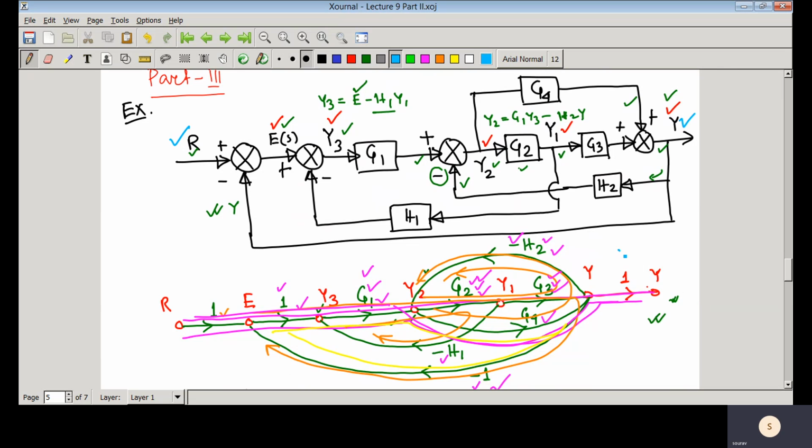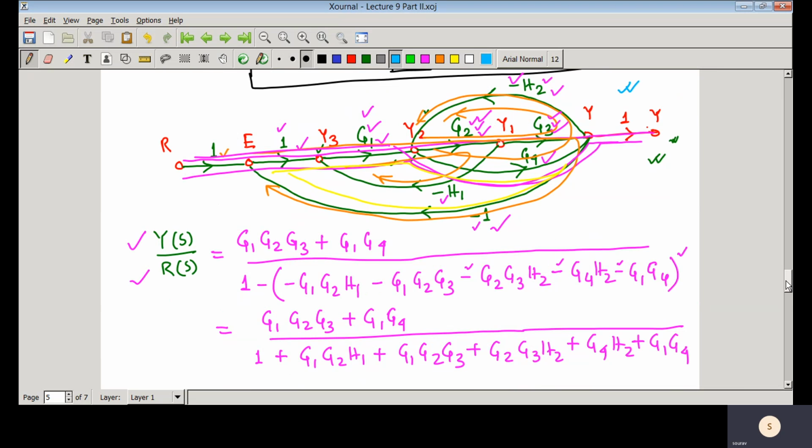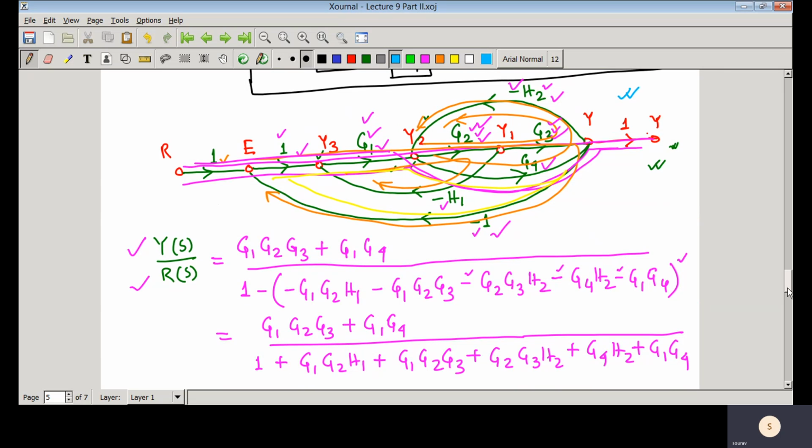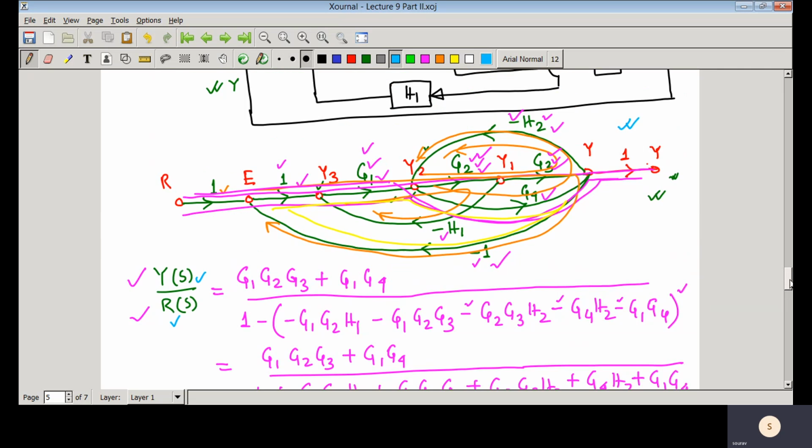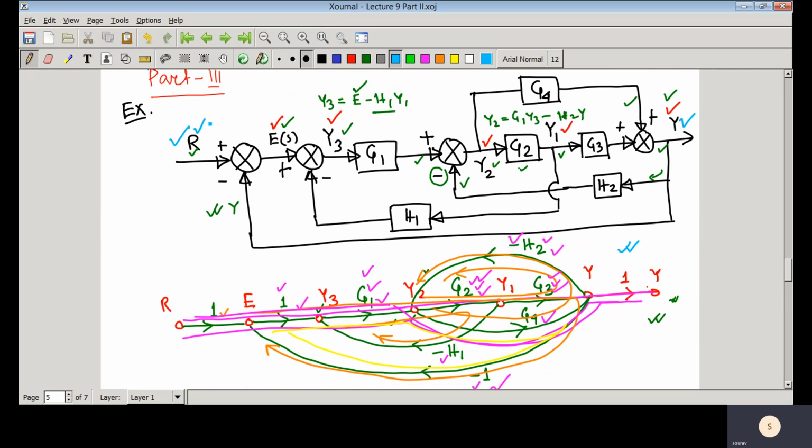You can draw the equivalent signal flow graph for this closed loop control system presented in block diagram form, apply Mason gain formula, and directly find the transfer function from input to output. Similarly, you can find the transfer function from R(s) to E(s). If you are asked to find that, you can easily find it.